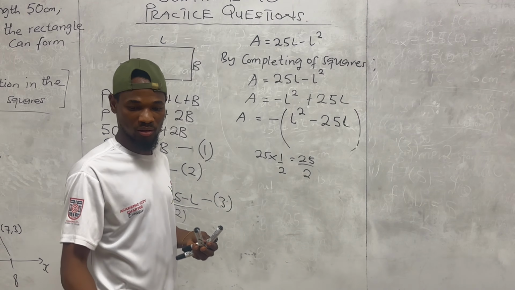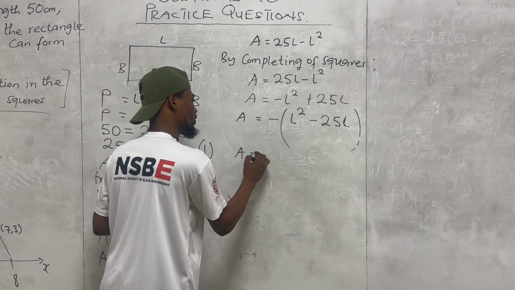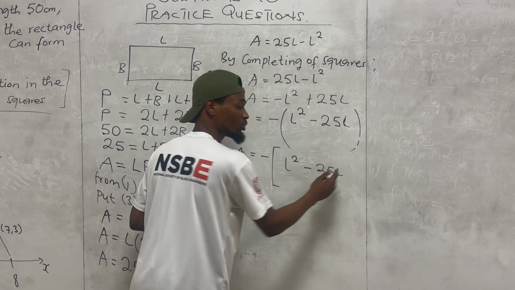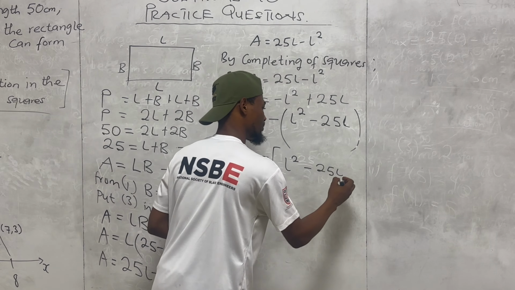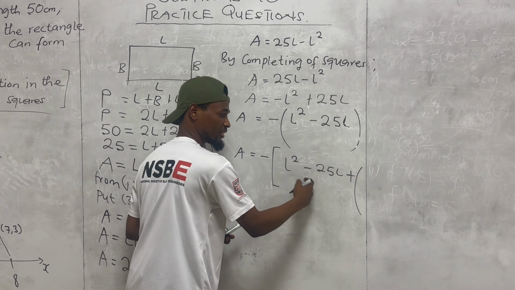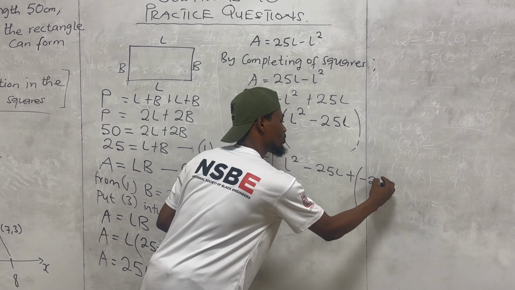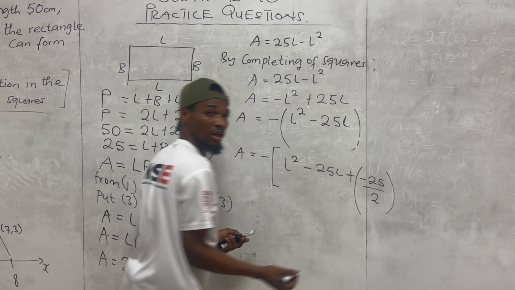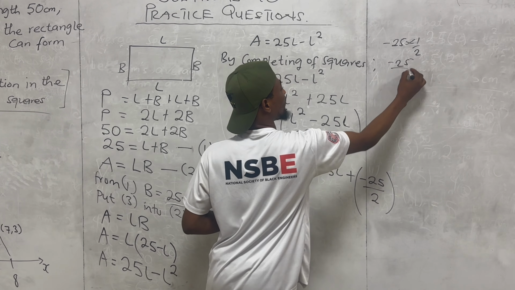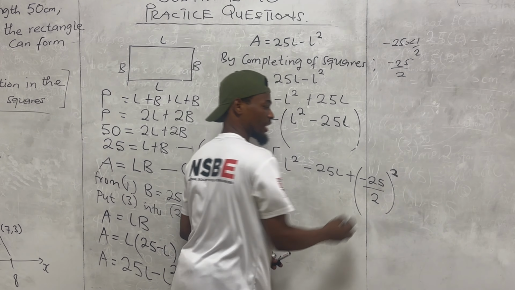So A is equal to negative, then L squared minus 25L, plus half of this, 25 times half, half negative 25 over 2, because it is negative 25 times half. You have negative 25 over 2. Then I will square that.